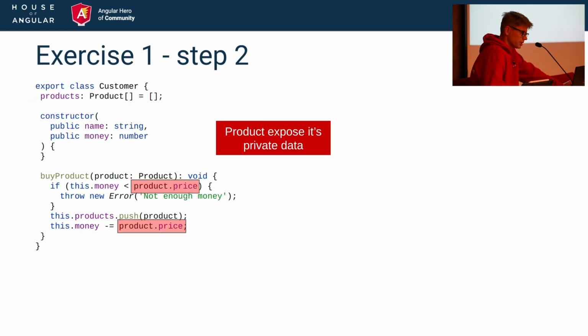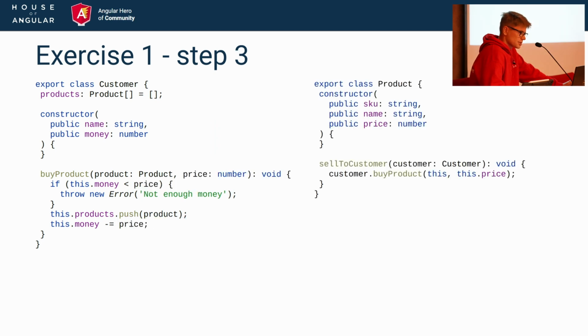But there is one more problem here, because as you see, we use the price from the product. So this is not encapsulated yet. We expose the price from the product, and I will show you how we can deal with it.